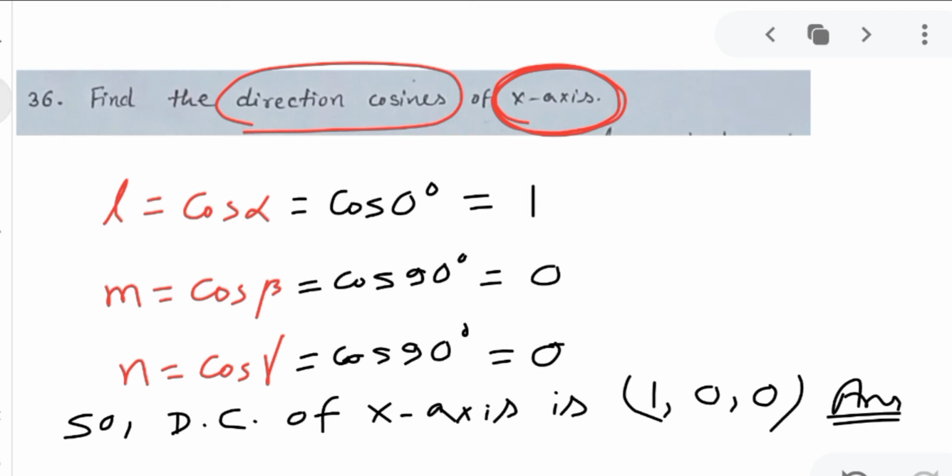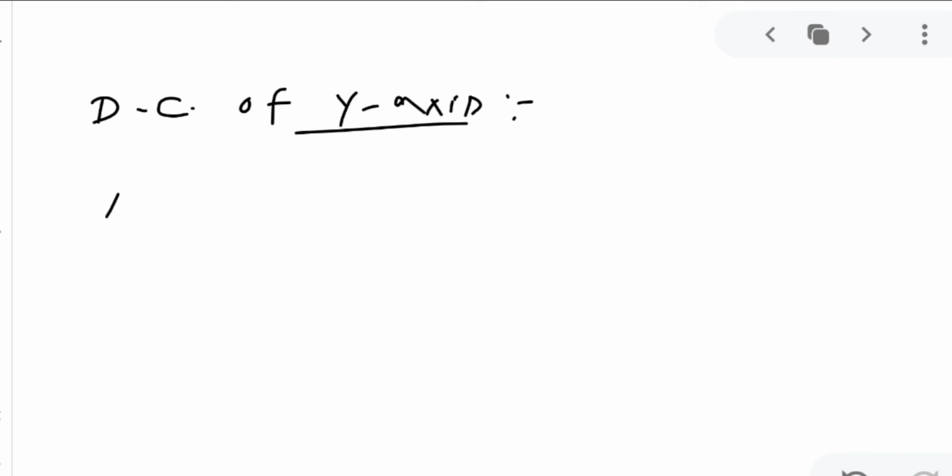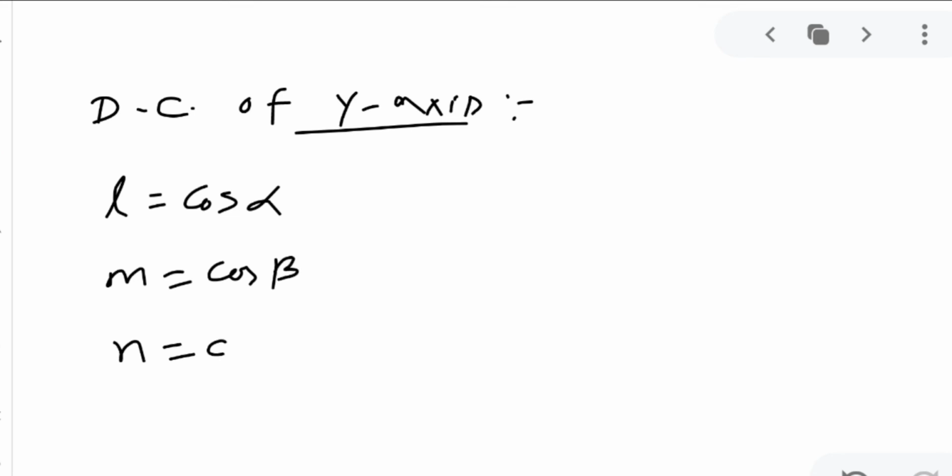So this is for the x-axis. Similarly, a question can come: find the direction cosine of the y-axis. In the same way we can do. Let L, M, N be the direction cosine, then L will be cos alpha, M will be cos beta, and N will be cos gamma.